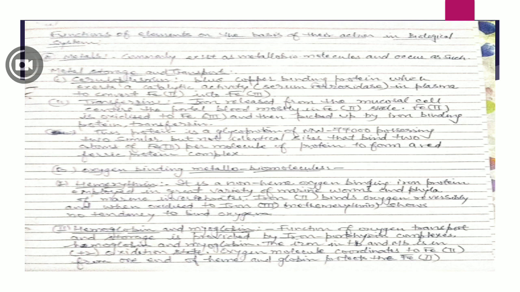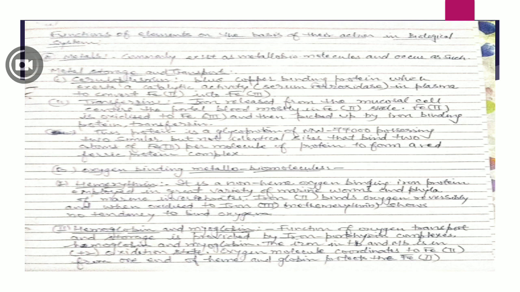These proteins may be present in different biological systems. And B category is the oxygen binding metallo-biomolecules. These biomolecules are used only as oxygen carriers in different biological systems.